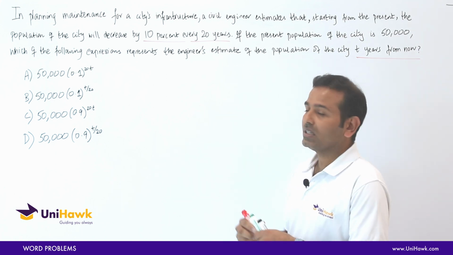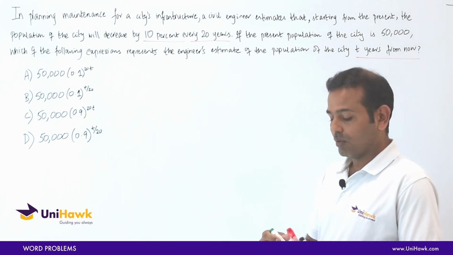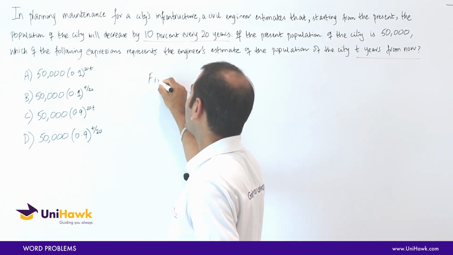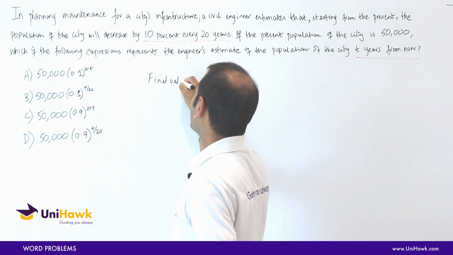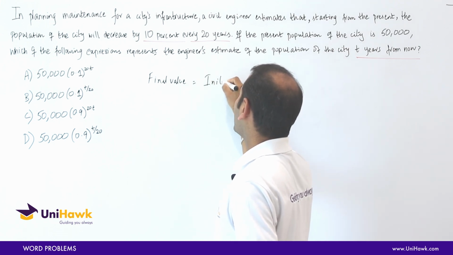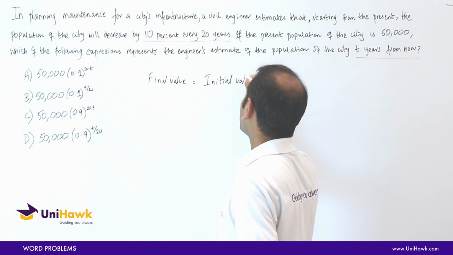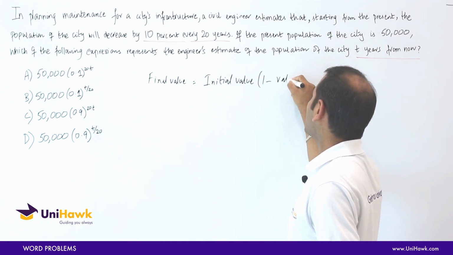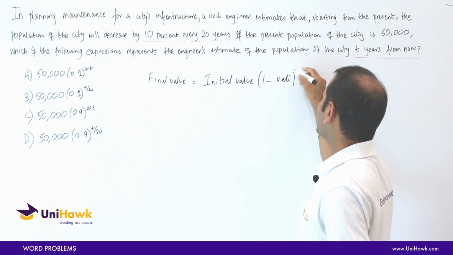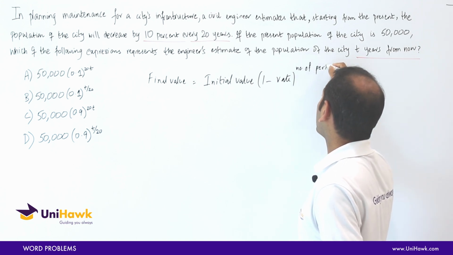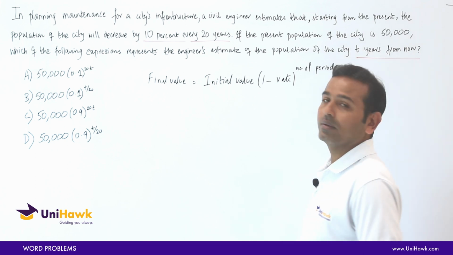Now, how do we do this? For this we have a formula. What is the formula? Final value equals initial value times 1 minus rate, whole to the power number of periods, right?